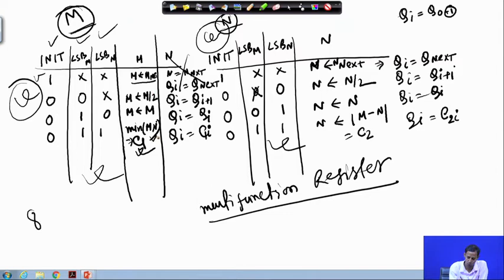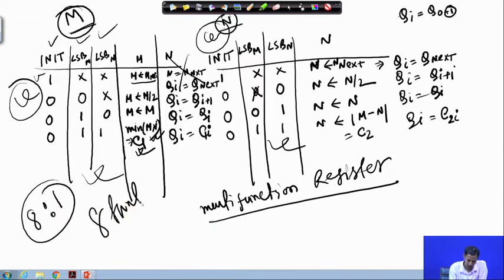I am having only 4 operations. But if I consider 3 control signals, at that time up to 8 functions I can implement.